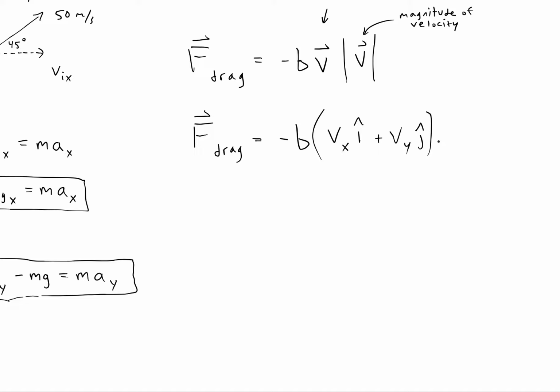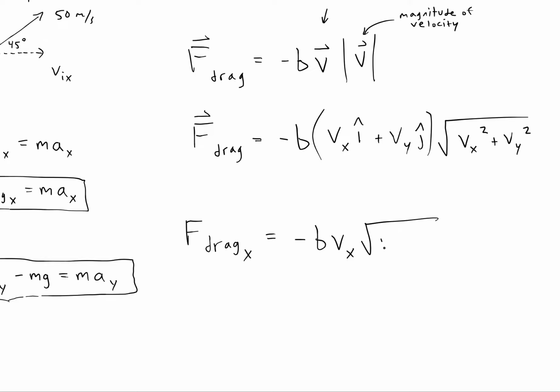And over here, the magnitude of velocity is simply going to be the square root of vx squared plus vy squared. So if I want, I could break it up into two components, where I would get that the F drag in the x then would be simply negative b vx times radical vx squared plus vy squared.